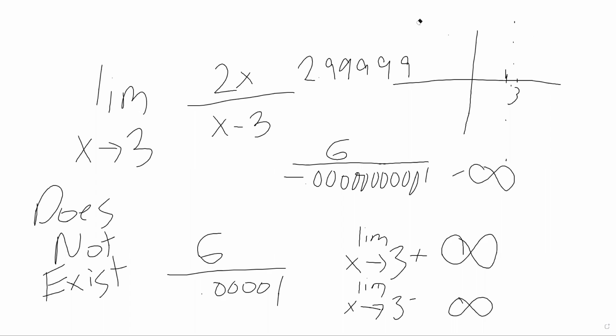So even if they're both infinity or both negative infinity, with the asymptote at 3, the answer is still going to be does not exist. That's why I said in the last video, with the rules for when the answers are the same, there were going to be some exceptions. This is the exception. Even though it's the same, it's still does not exist, because you can't tell which reaches infinity first.